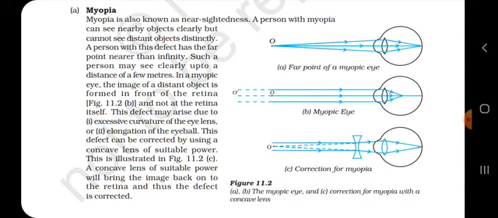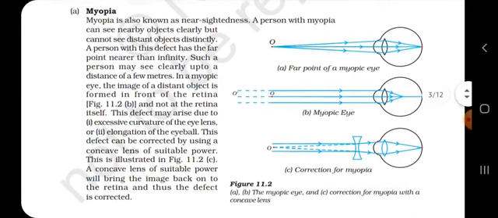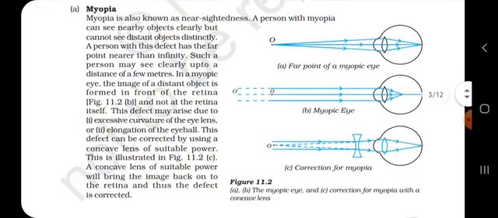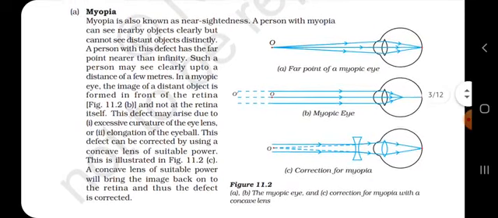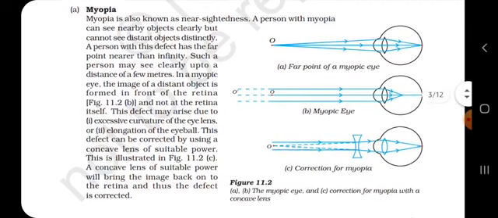Fine. Why is it named nearsightedness? Because you can see things clearly only when they are the nearby objects.